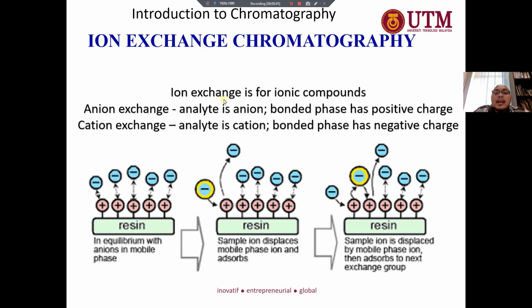Anionic is the compound with the negative charge. Cationic is the compound with the positive charge. Remember, the name of the exchange depends on the charge of the analyte, not on the charge of the bonded phase, or we can call it the stationary phase.